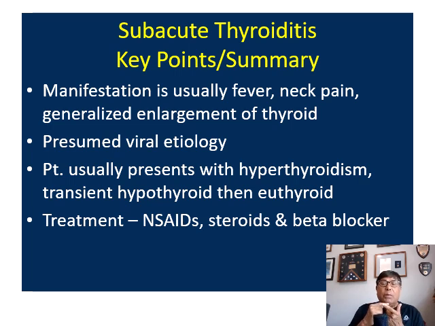Patients usually present with a hyperthyroid state, and then as the recovery process goes on, it goes through a transient hypothyroid state and then a euthyroid state and stays there. And again I am repeating, that may not happen if the patient has hashitoxicosis. They may remain euthyroid, but mostly they will be hypothyroid.